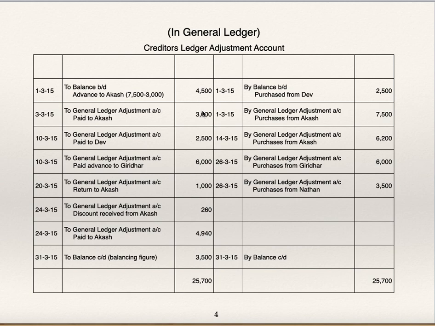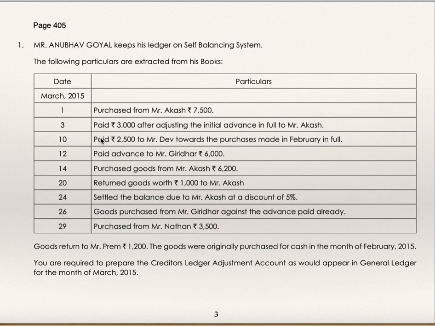That means initial advance is 4,500. To balance brought down, advance to Akash 4,500. That means in the month of February, advance was given to Akash for the purchases, which was 4,500. Now 3,000 has been paid, total payment 7,500, purchases 7,500.